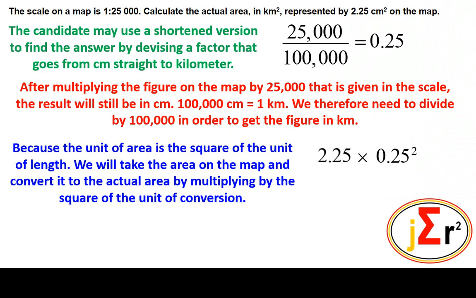Therefore, any factor that is used to convert length, in order to use it to convert area, we will have to square it. And that is what we have right there. By so doing, our result will be 0.140625 kilometer squared or square kilometer, as we discovered on the previous slide.